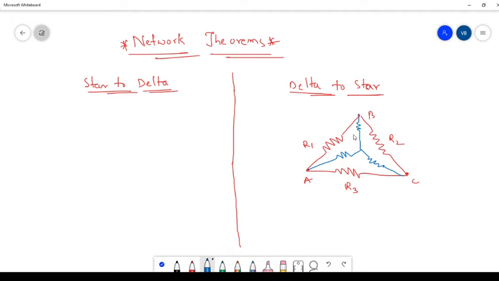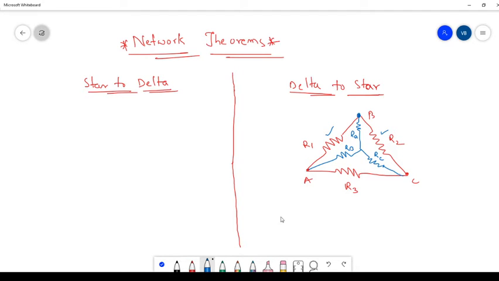Here the star values I am going to take as RA, RB and RC. Let us take this RA, which is the equivalent resistance of R1 as well as R2. RB is in connection between R1 as well as R3. RC is in between R2 as well as R3.